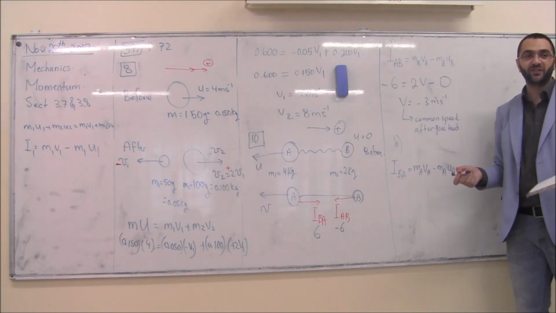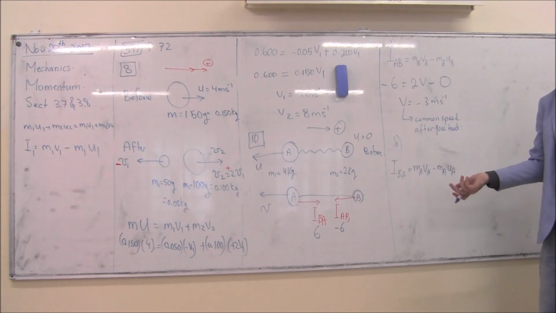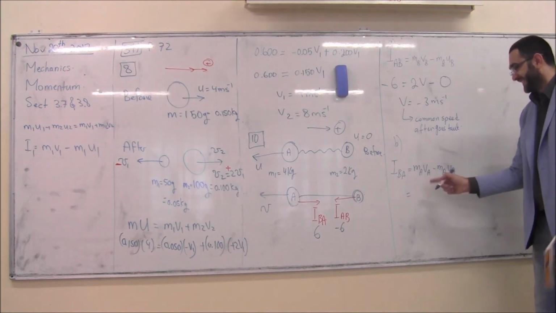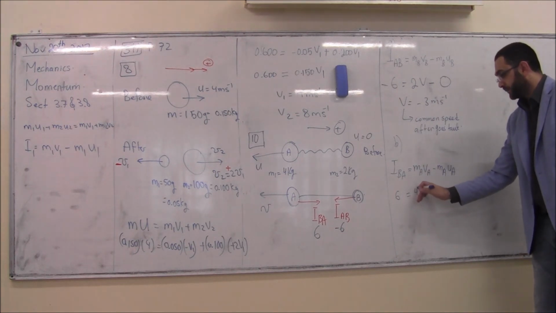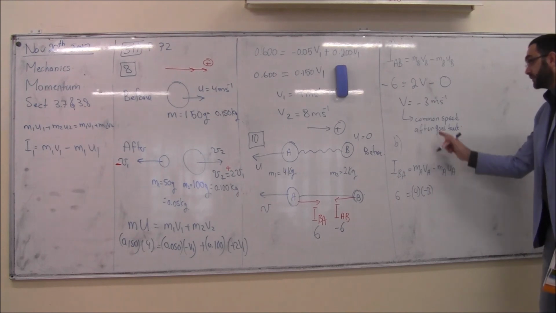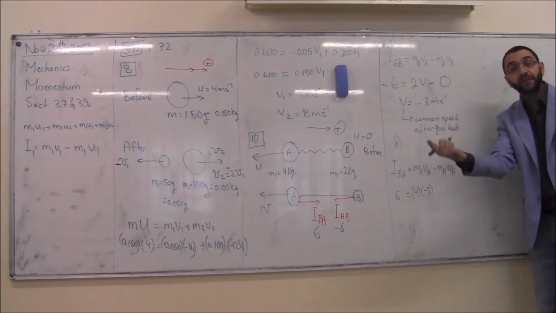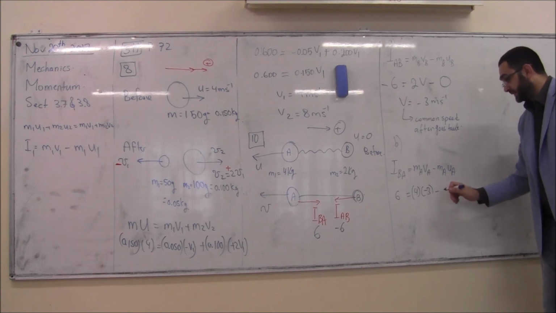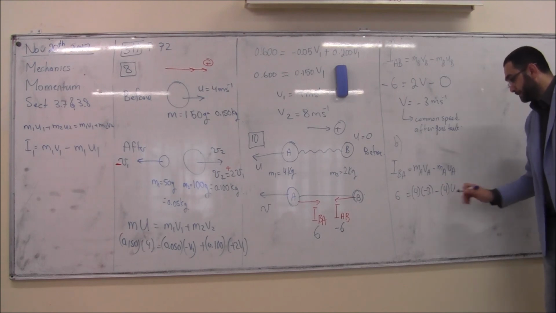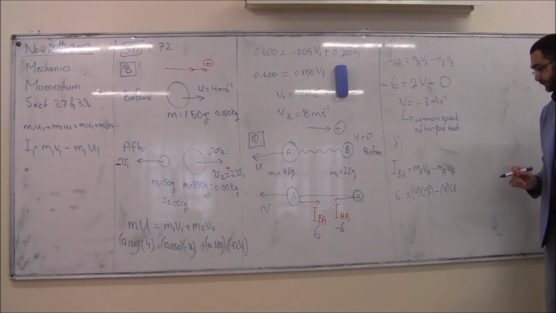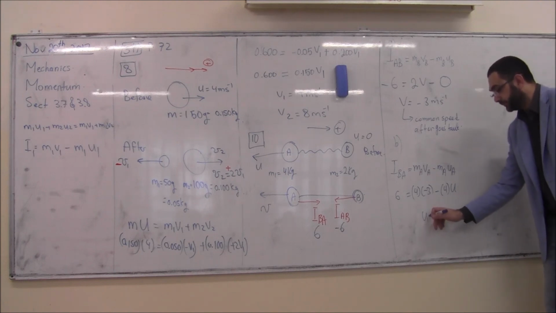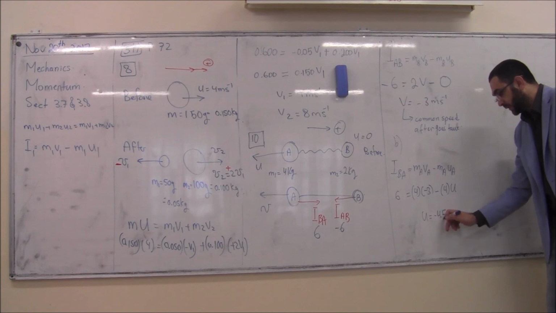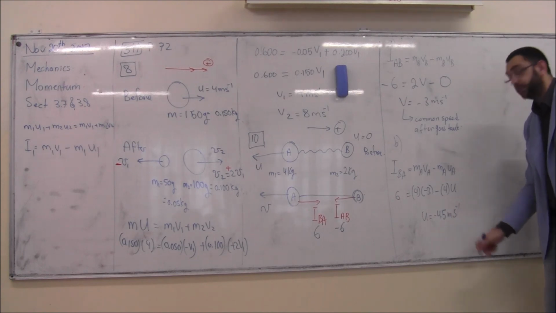How much is the impulse BA? 6 equals mass A, 4, times (-3 minus U), because we said this is the common speed for A and B, minus 4 times -U. The minus U goes up, negative U, minus becomes plus 4.5, same thing. How much does U come out? -4.5 meters per second. Clear?